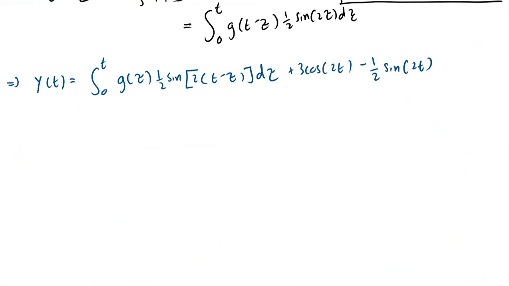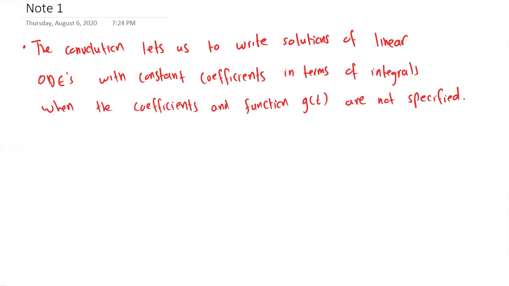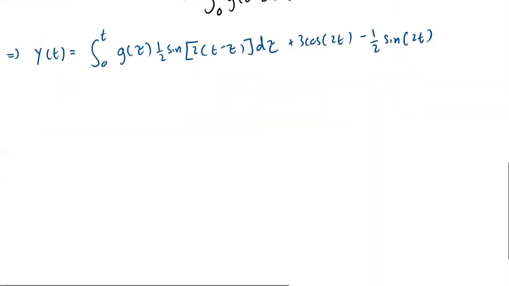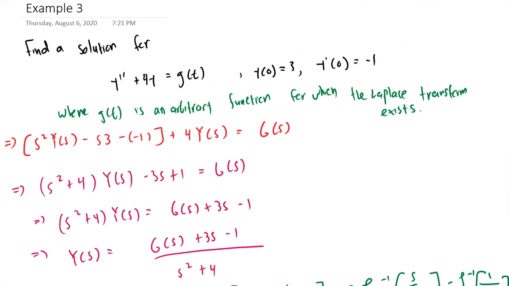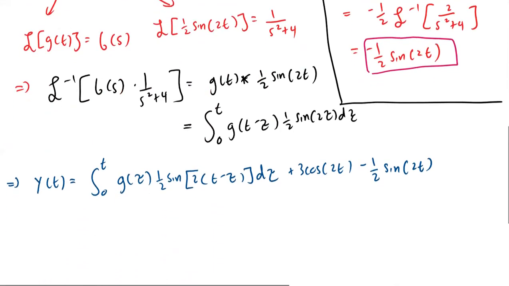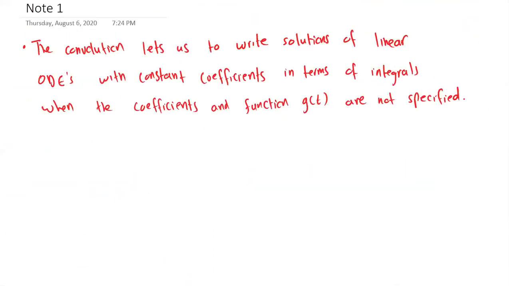And then more generally, this works if we want to find the general solution of any, at least, second order linear ODE with constant coefficients, where the constant coefficients are arbitrary. Right? So in this case, I gave you the coefficients, so they were 1, 0, and 4. 0 because there's 0 times y prime. Right? So we can write the general solution using this method for an initial value problem of the form a y double prime plus b y prime plus c equals g of t with initial conditions, whatever they are.